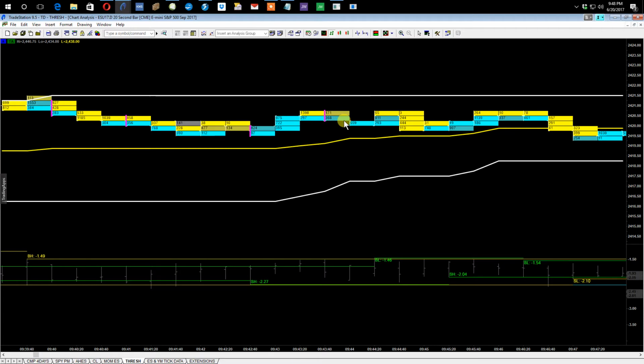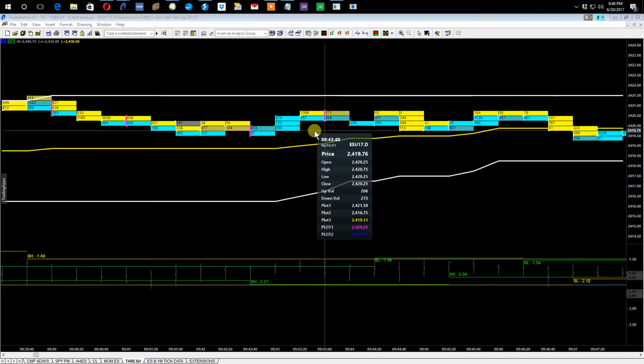And you now have an opportunity to also go short because you've got this retracement here. Okay, back to this level, at 2019.75.